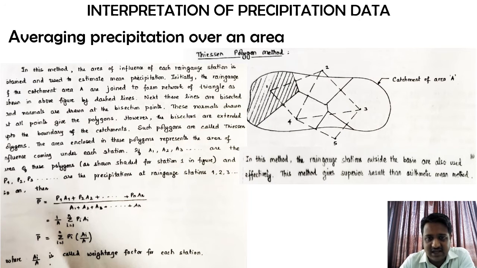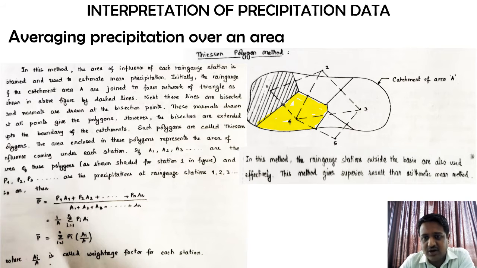Now if I show you with a highlighter, for rain gauge station 4, the effective area is going to be this highlighted area. This is nothing but the effective area for rain gauge station 4.